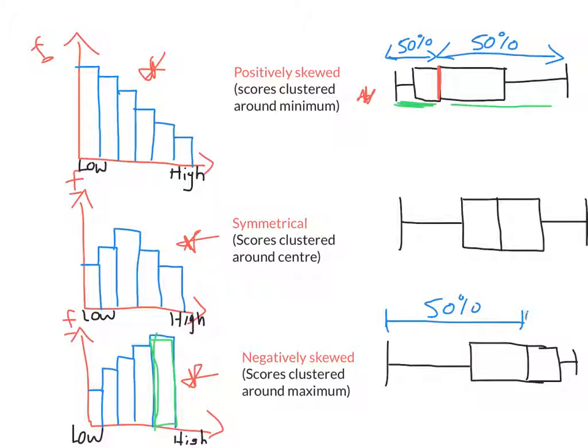And then from the median to the maximum is another 50%. So there are the same number of scores in this small area as in this large area. So scores would be clustered here. There'd be a high frequency of scores over this side closer to the maximum.